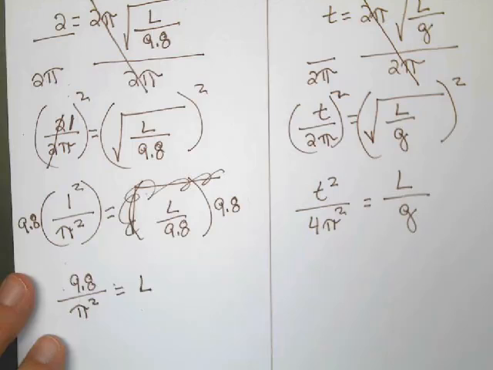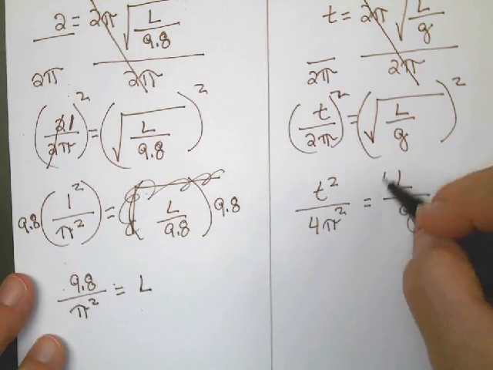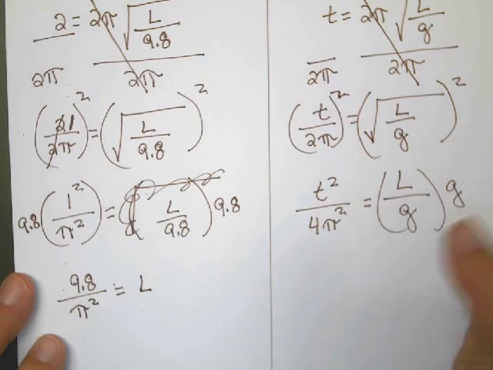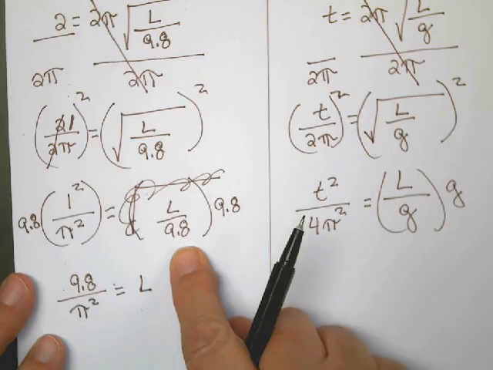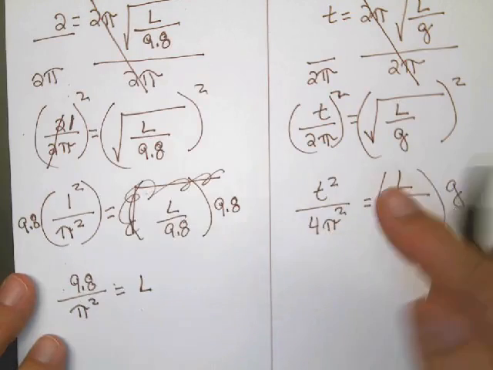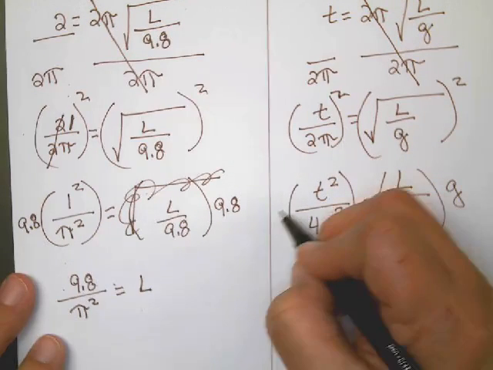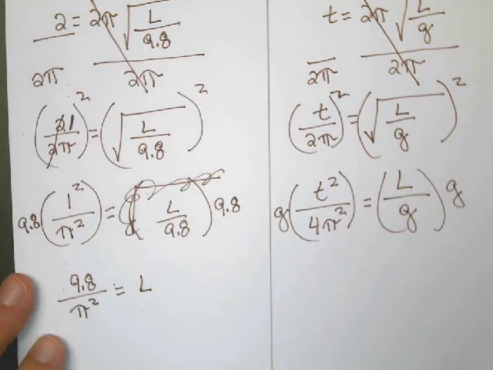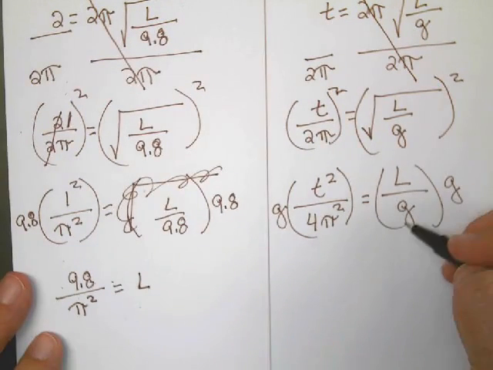Do the same thing on this side, but instead of 9.8, which is our gravitational constant, we're just going to multiply it by g. Well, if I do it to one side, the equality property says that I have to do it to the other side. Well, g divided by g is 1.